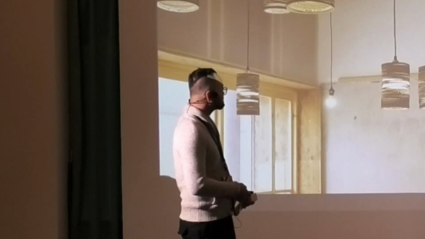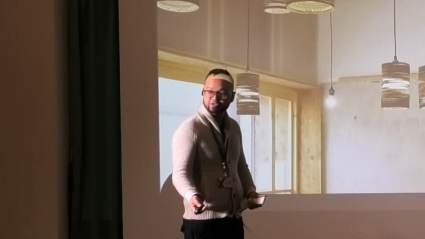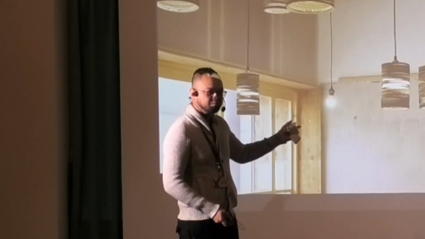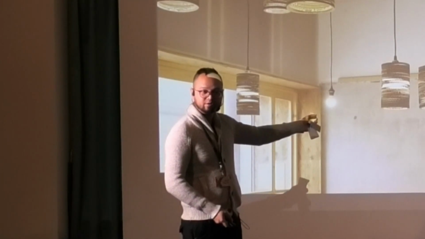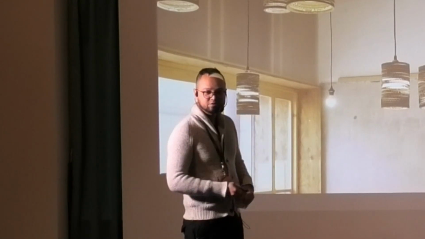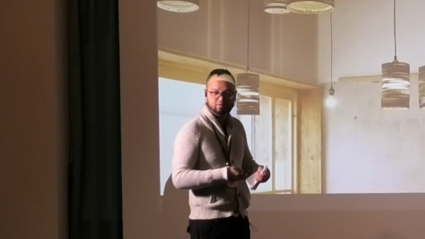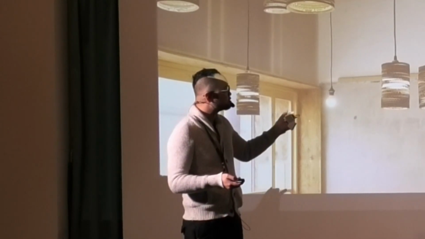And then I needed some lights. So I went to the recycle center, got cardboard, put the cardboard into my laser cutter, and cut out each piece. So as a series of cardboard, I made some lampshades.